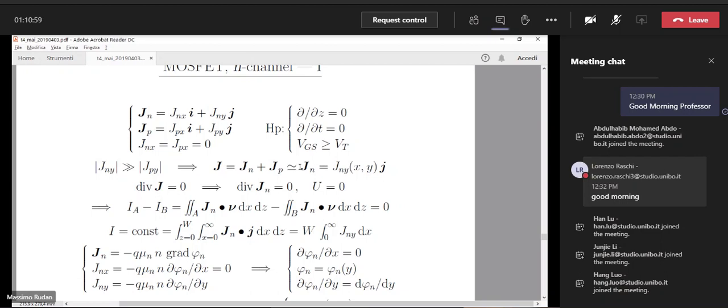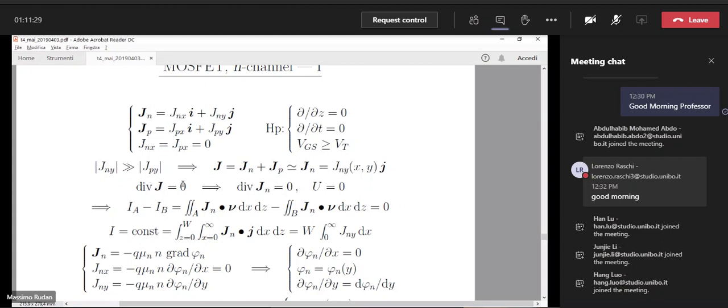But we are in a steady state condition, okay? So you remember the continuity equation for the global set of charges and currents, okay? So the continuity equation that derives from the Maxwell equation states that the time derivative of the charge density plus the divergence of the total J is equal to 0.